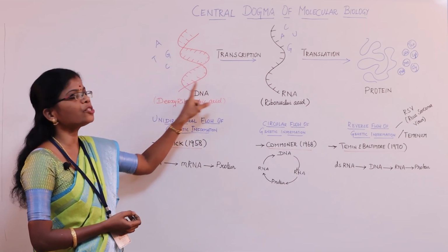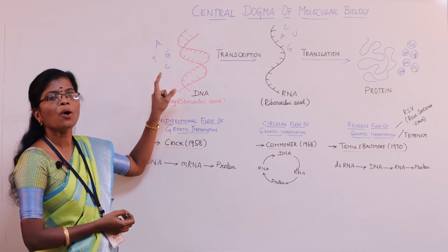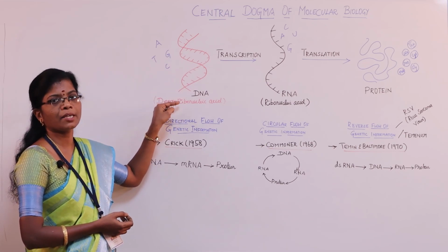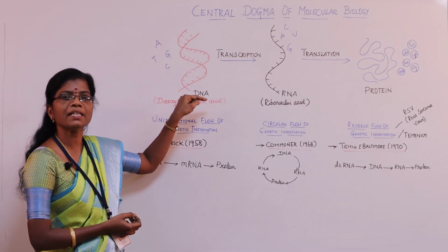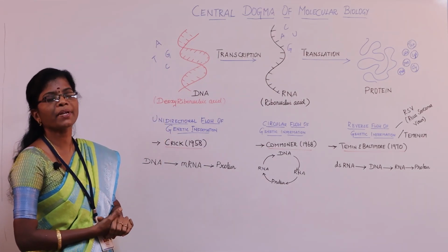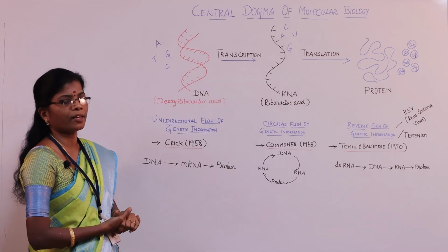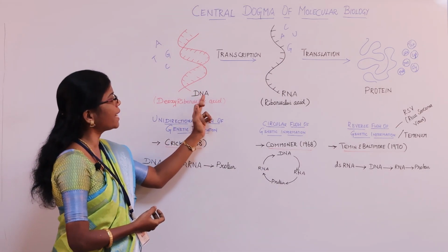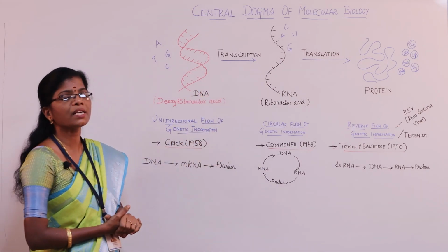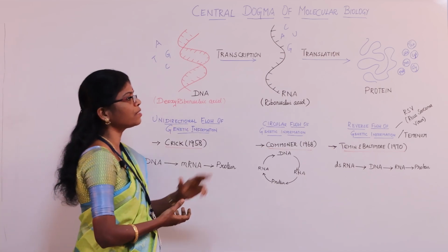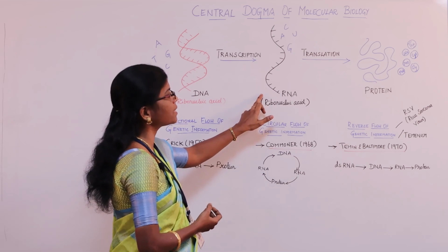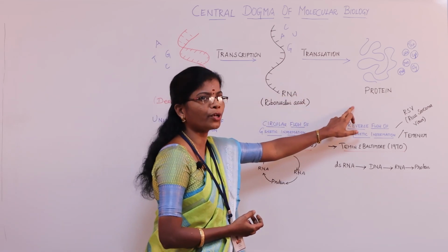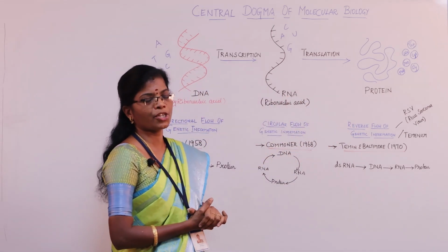Out of the two strands in the DNA molecule, one strand acts as the template, which is called the nonsense strand, whereas the other strand is the non-template strand, which is the sense strand. After this DNA is converted into a single-stranded RNA molecule, this RNA acts as a template for the synthesis of the protein molecule through the translation process.